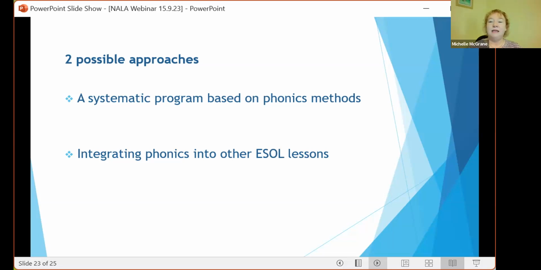And the other one is to use the more traditional methods that we may already be using and try to integrate phonics into those lessons. And just to say to you today that I'm not here really to say one or the other is better. I'm simply saying that there are two different options. However, I am going to just mention some of the advantages and disadvantages of both sides.